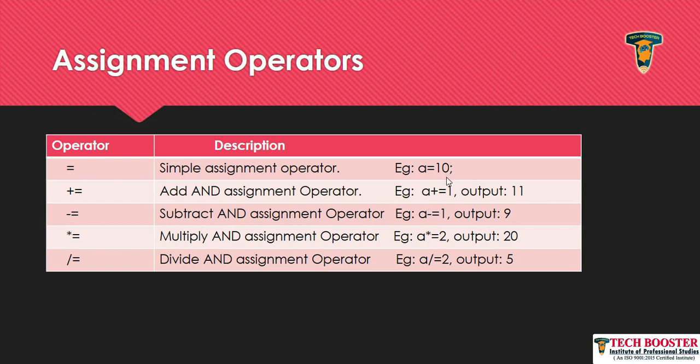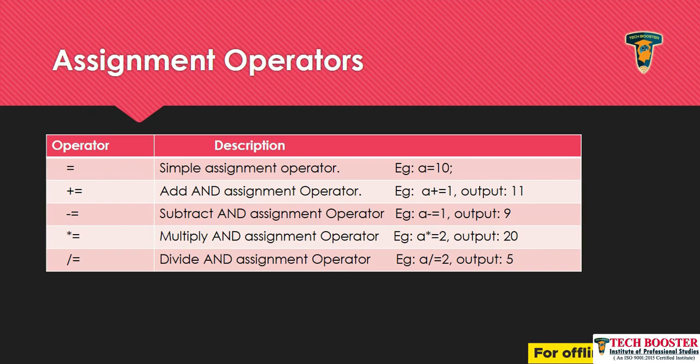So a means your 10, so 10 plus 1 is 11, and the answer will be stored in our left hand operand. Similarly with subtraction, a minus equal to 1 is nothing but a equals a minus 1. Similarly with the multiply and assignment operator, a star equal to 2 is nothing but a equals a star 2.